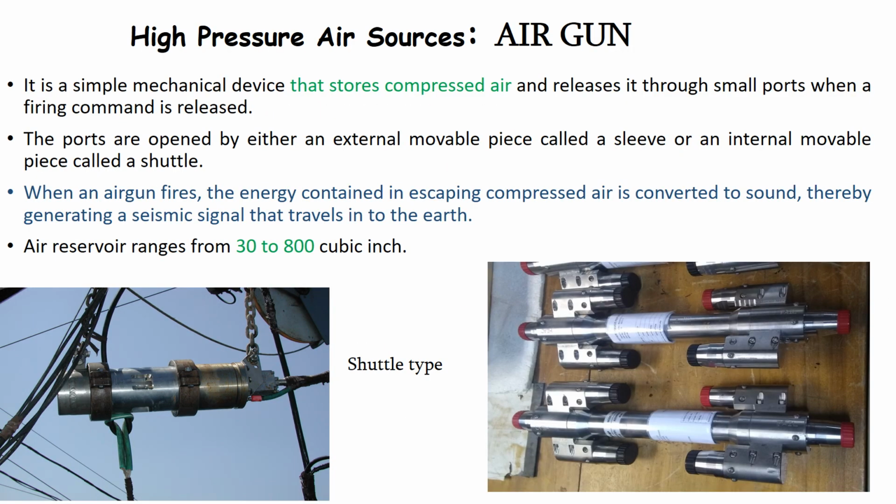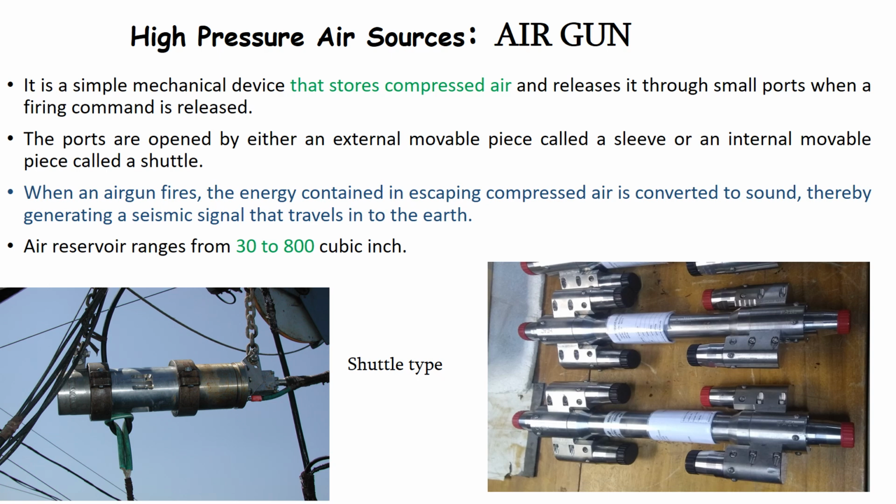One of the most important parts is the high pressure air gun. It stores compressed air and releases it through the ports when the firing command is given. The ports are generally opened by an external movable piece called a sleeve or an internal movable piece called a shuttle.